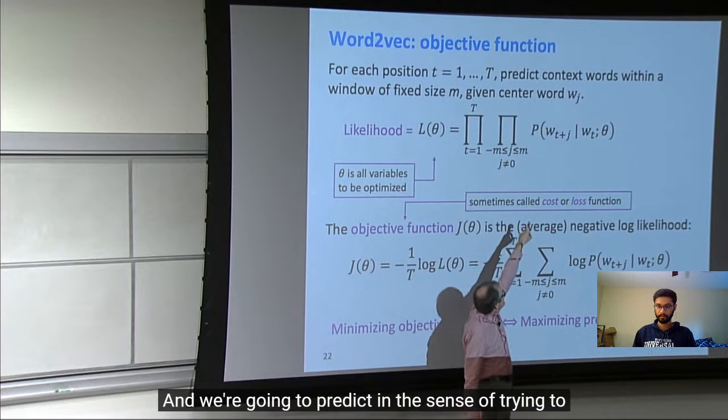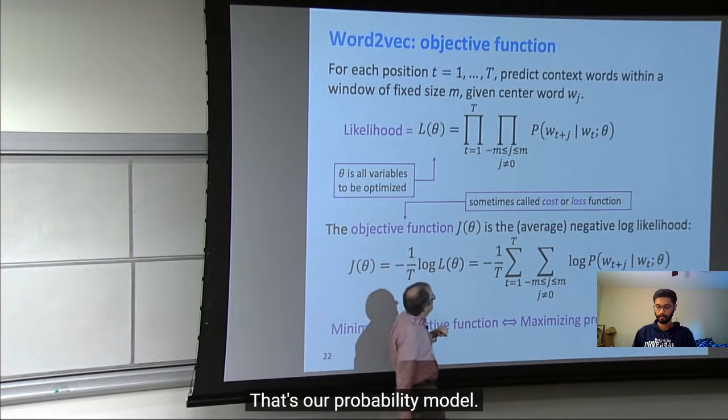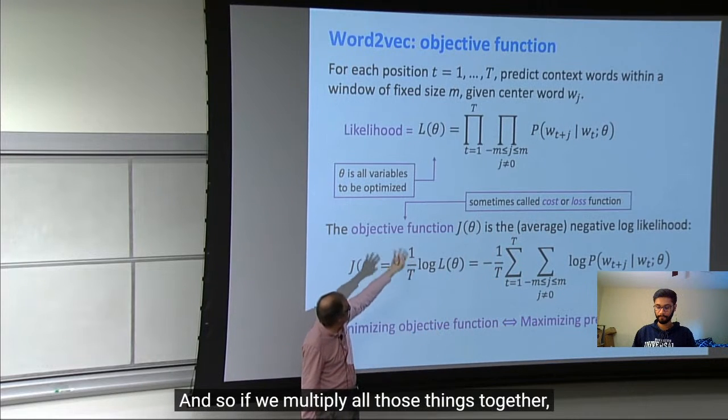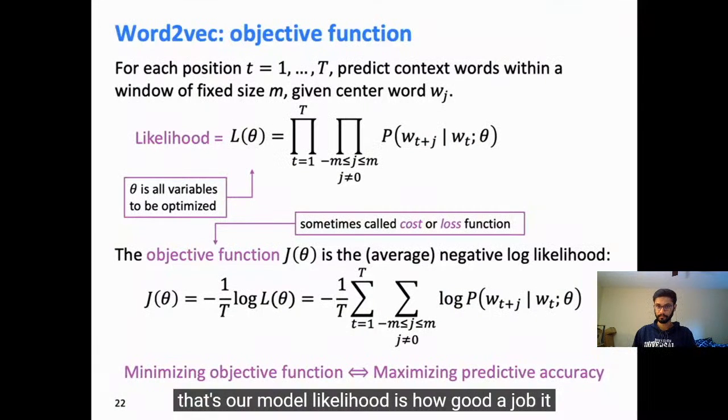We're going to predict in the sense of trying to predict that word given the center word. That's our probability model. And if we multiply all those things together, that's our model likelihood, which is how good a job it does at predicting the words around every word.